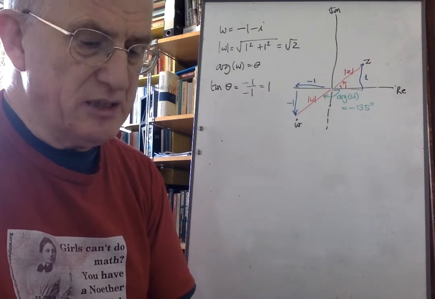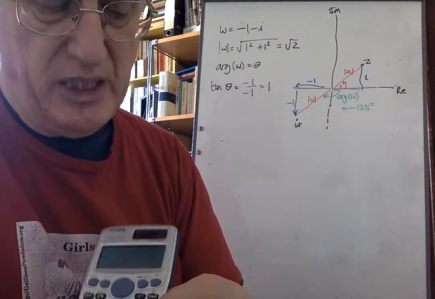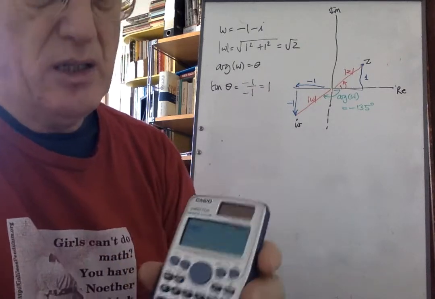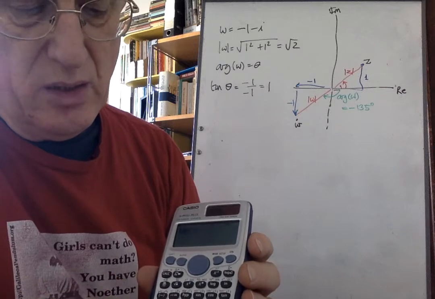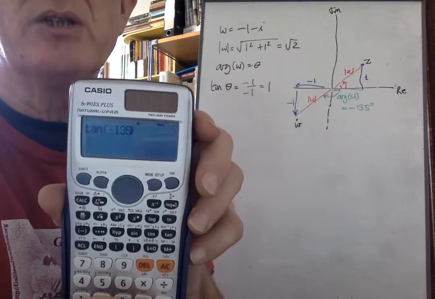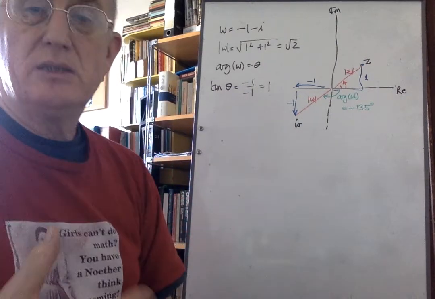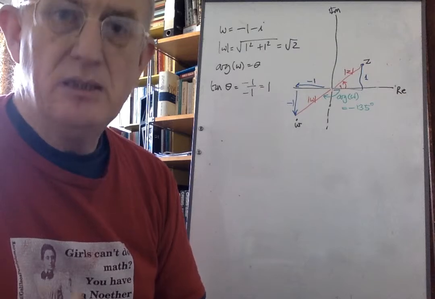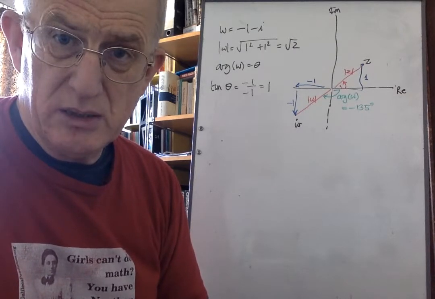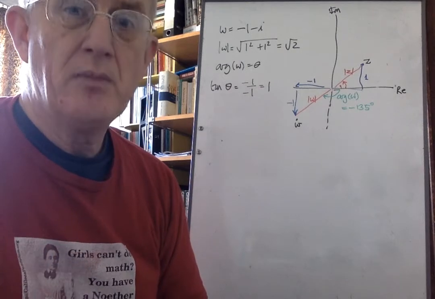And the mystery thickens when we go to our calculator and see what tan of minus 135 is. What's tan of minus 135? That is 1. So the problem is that there are two angles which have a tan of 1, but the calculator only tells us one of them.